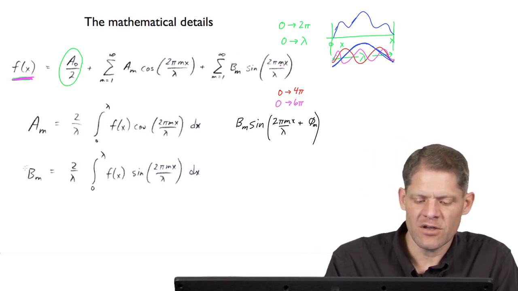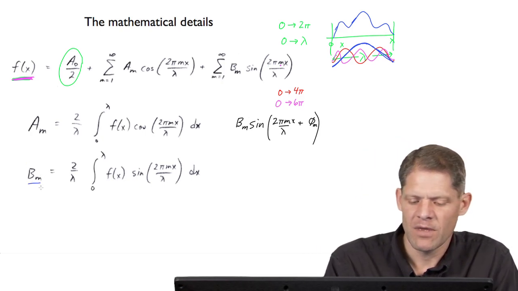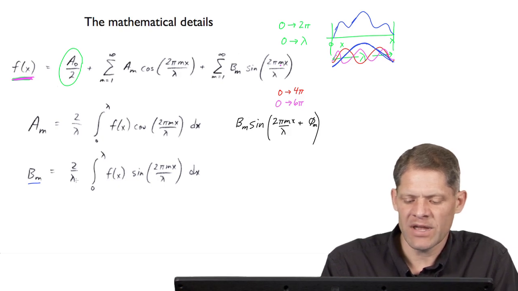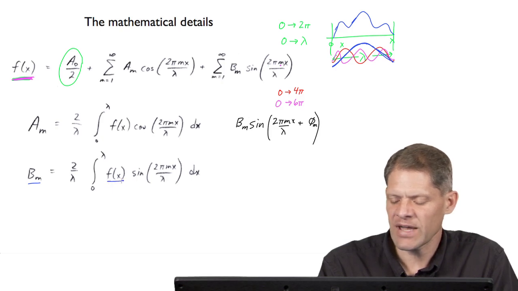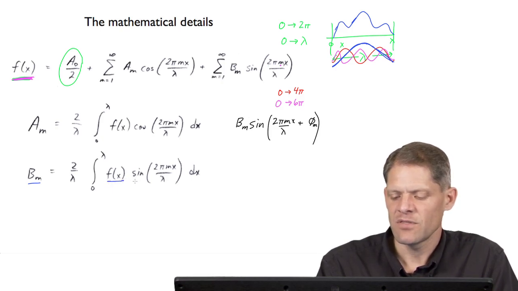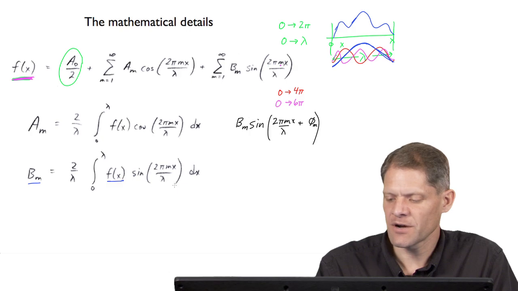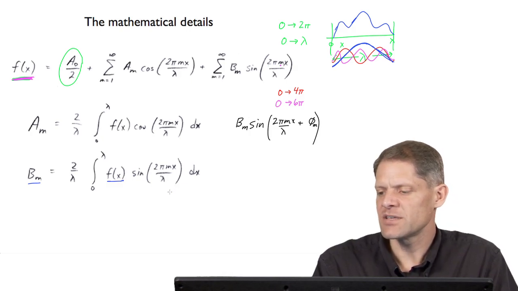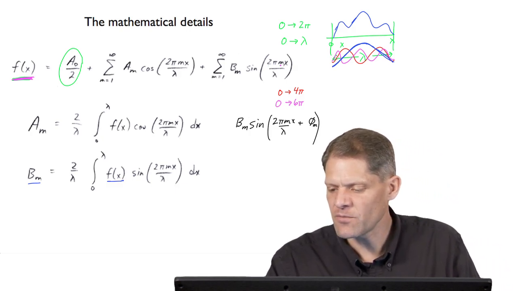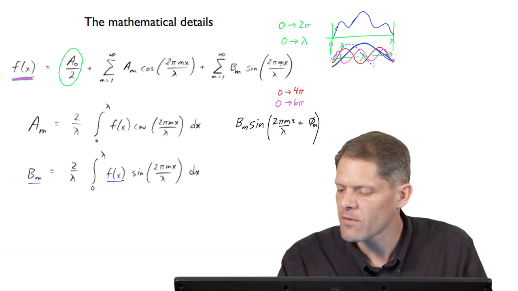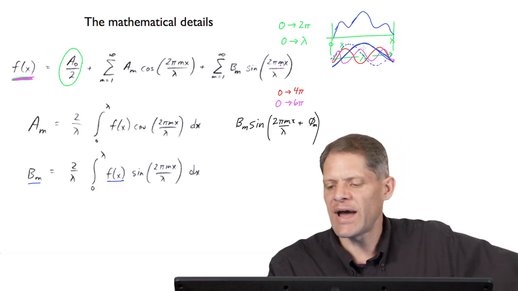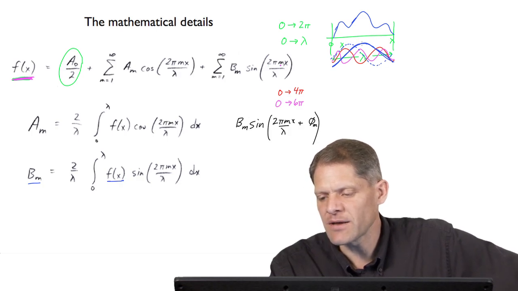Similarly, you can find the coefficients b sub m as 2 over wavelength, the normalization factor, times the integral from 0 to a wavelength again, times the original function f of x, times the sine wave of interest here. And a sine wave is shifted relative to a cosine wave by 90 degrees, or pi over 2.